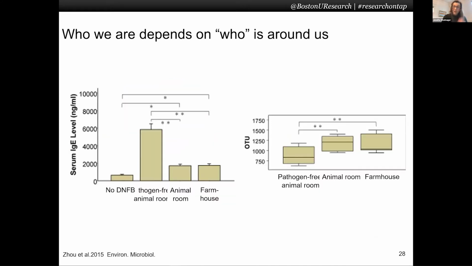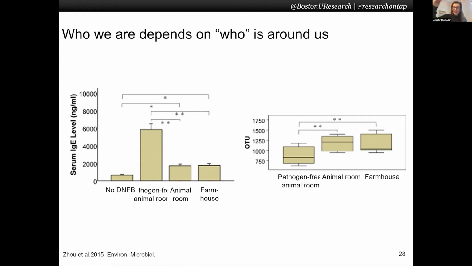Next slide. So the best evidence for this comes from animal models. People have taken little mice, cleared out their gut microbiomes, and then put them in different types of environments with different types of environmental biodiversity. And you can see on the left the number of species, that's the OTU, the number of species that live in the guts of mice increases as the mice go from living in a pathogen-free animal room to an animal room with lots of other mice to a farmhouse with lots and lots of other types of animals.